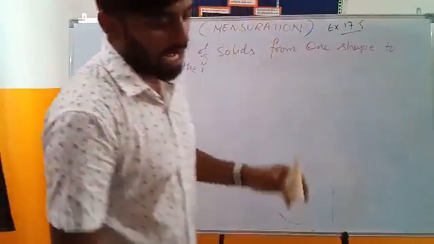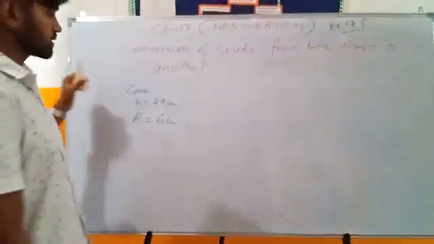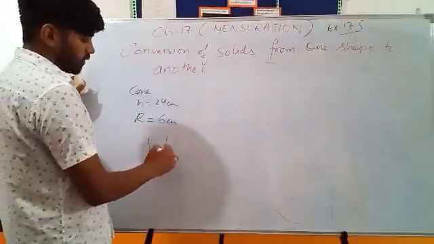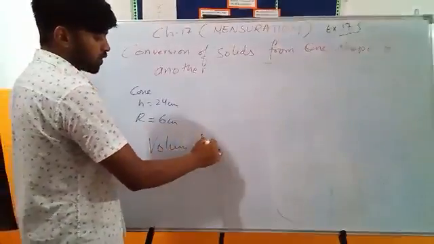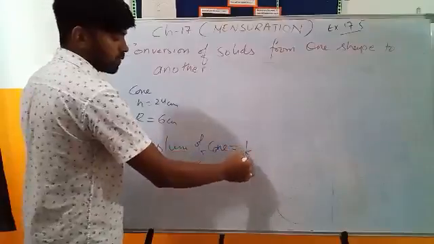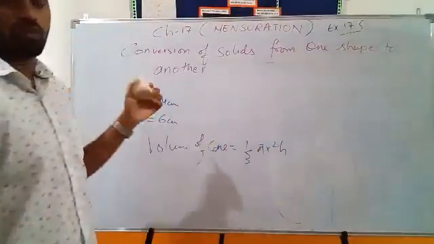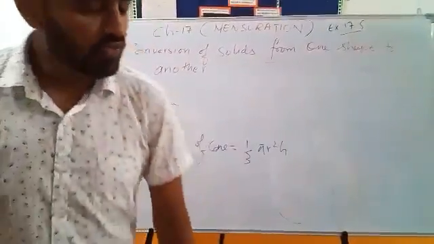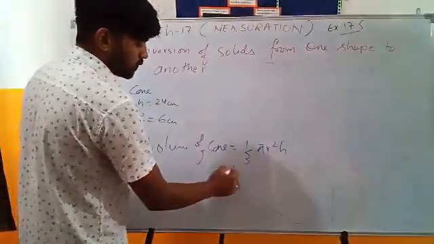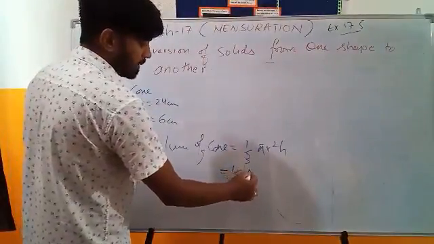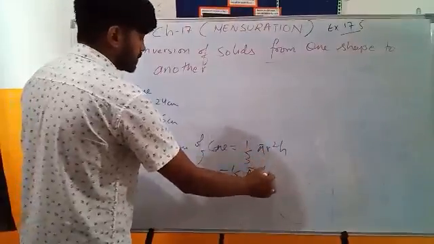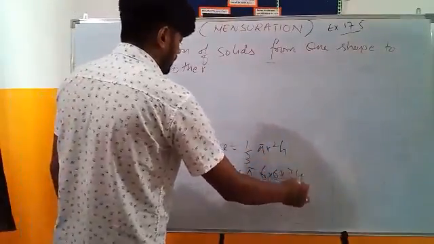So I'm going to find the volume for this. What is the volume? Volume of cone is equal to 1 upon 3 pi r square h. I'll find the volume of the clay: 1 upon 3 into pi into 6 into 6 into 24.